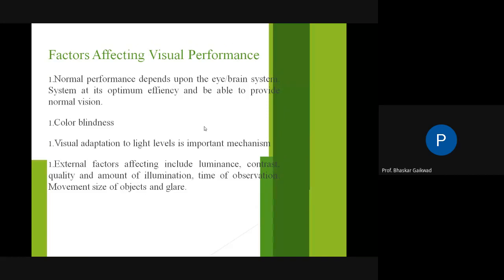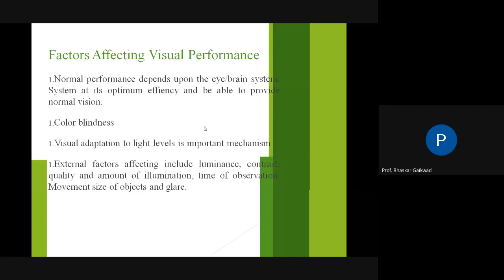Performance of the worker: normal performance of the workers depends upon the body, its efficiency, and capability. This is one thing. Second, color blindness will affect performance. Visual adaptation to light levels is an important mechanism.